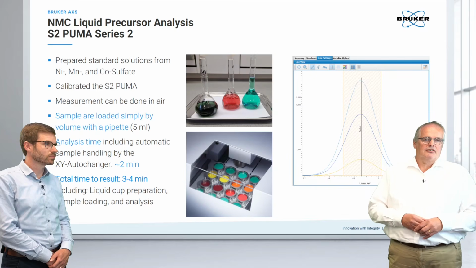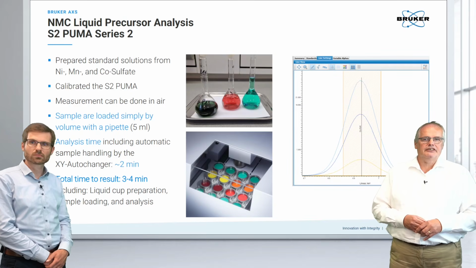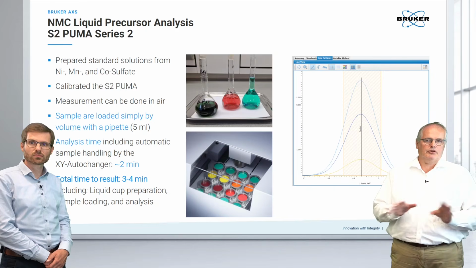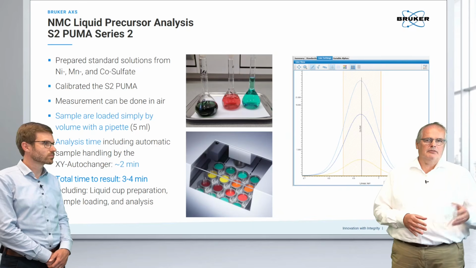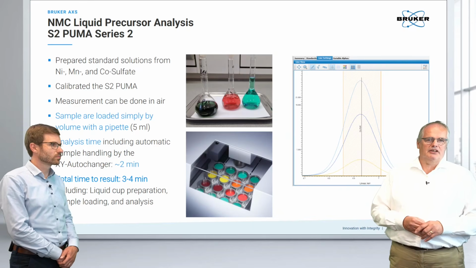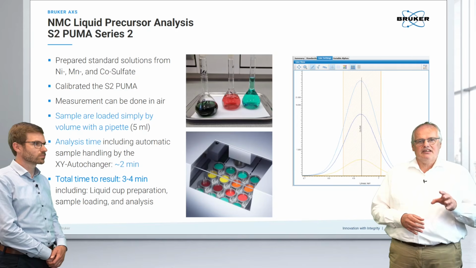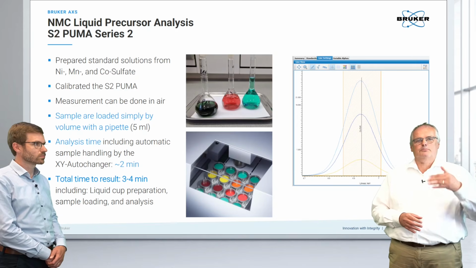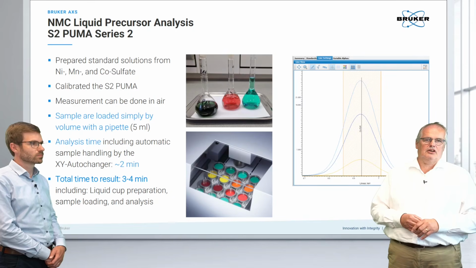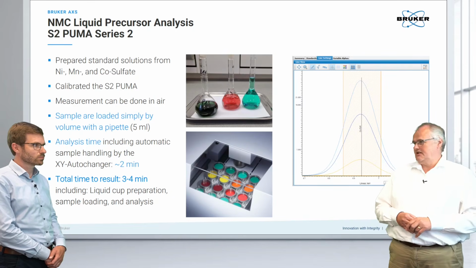We can use a 5 milliliter pipette and have a pretty short analyzing time, using, for example, an XY autochanger system. The nice thing here is that we can do a pretty fast control of the incoming chemicals.